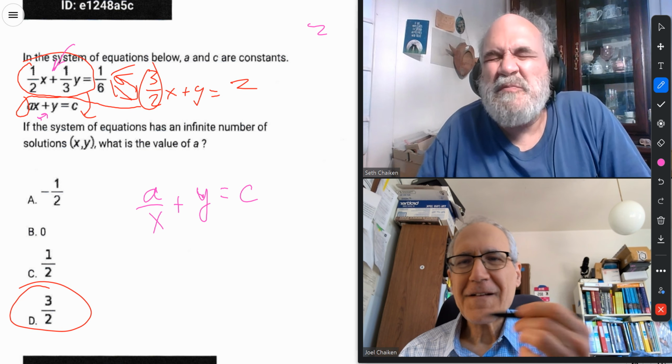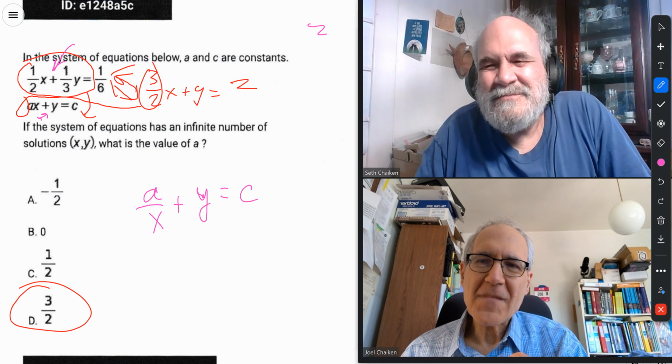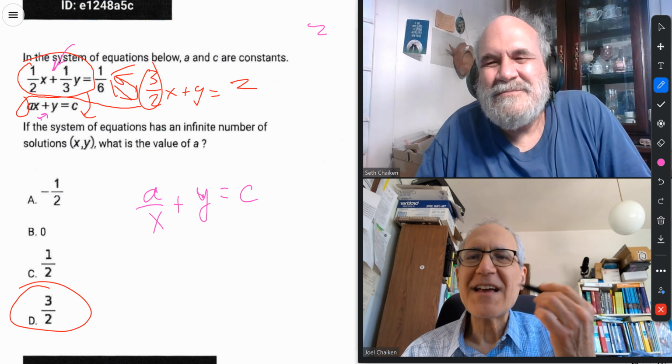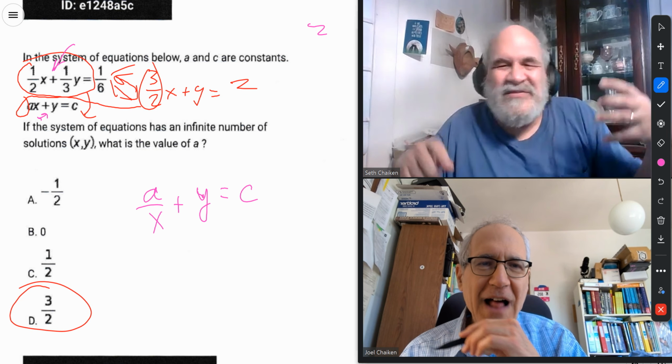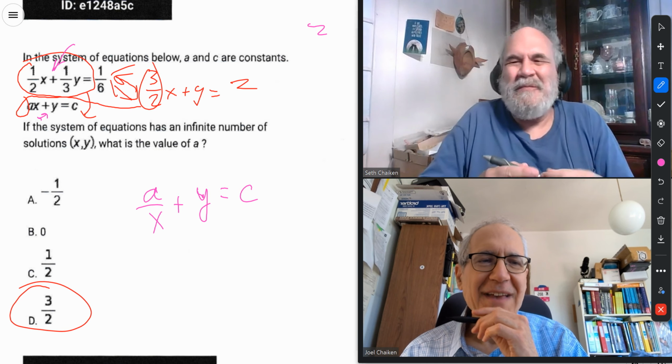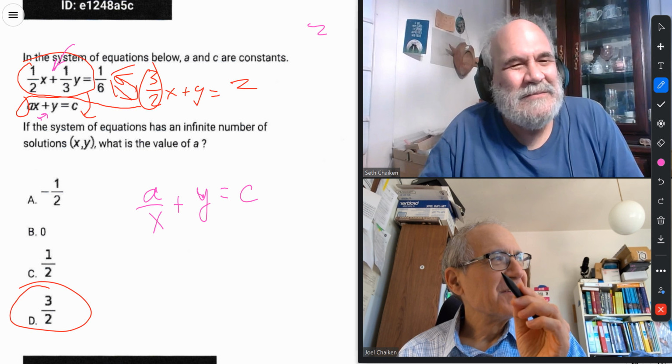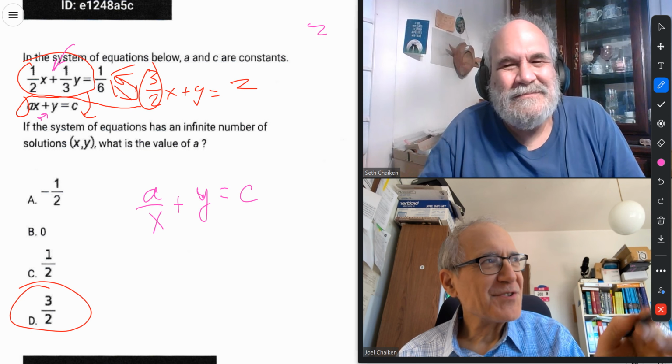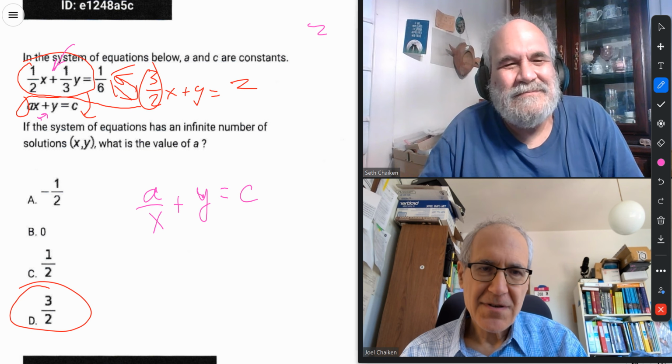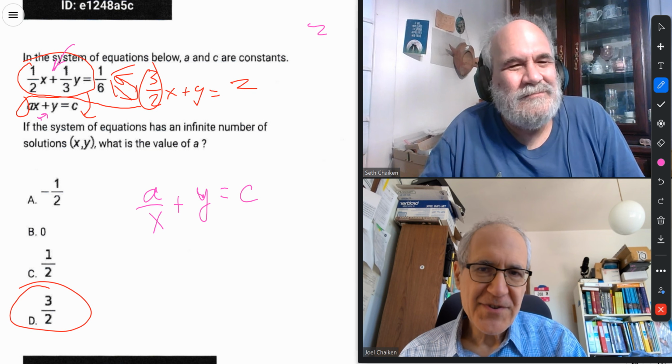Seth, they have to be proportional. What do you mean by identical? What's equal to what? After you simplify the equations, then those coefficients must be identical.